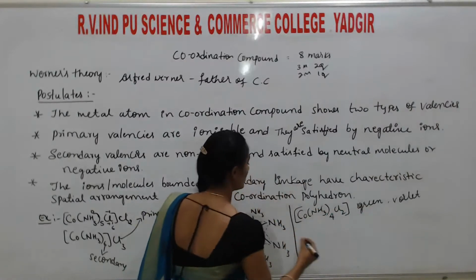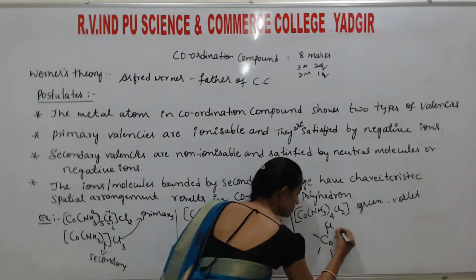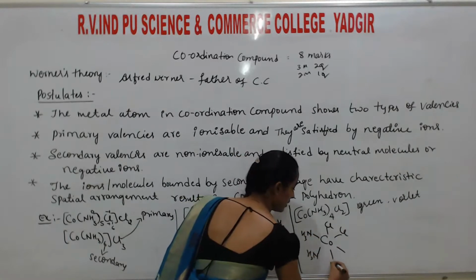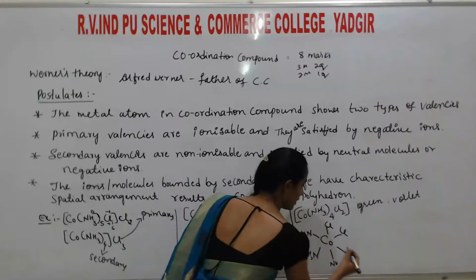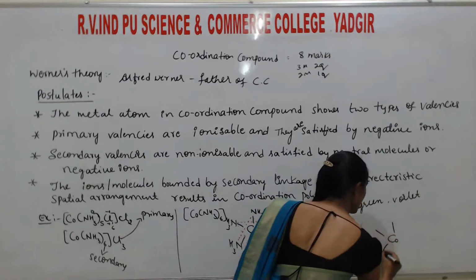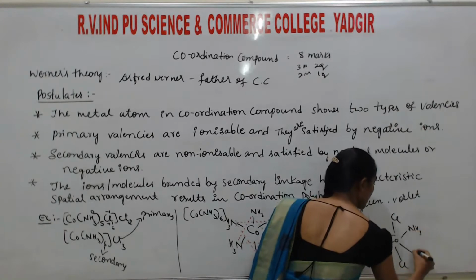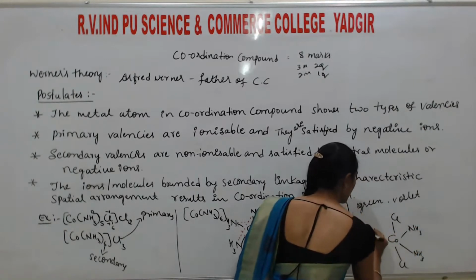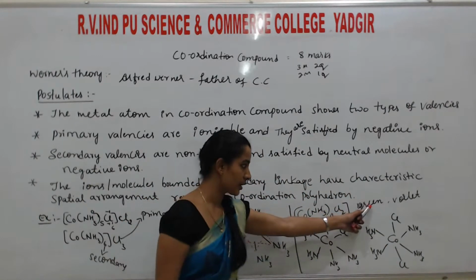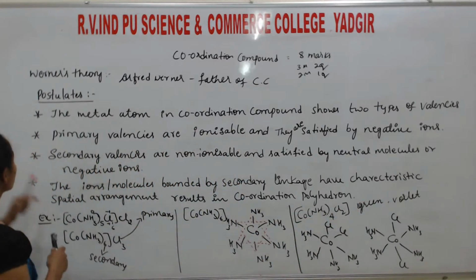Because if you consider cobalt, here two Cl atoms are at the same side, NH3 is here, then it is one type of arrangement, it gives us a green color. Similarly, cobalt is there, again 6 atoms are there, but here two Cl atoms are in opposite direction. I hope you know cis and trans isomers. Because of this type of arrangement, they give different color, green as well as violet. Okay, so students, this much is enough.